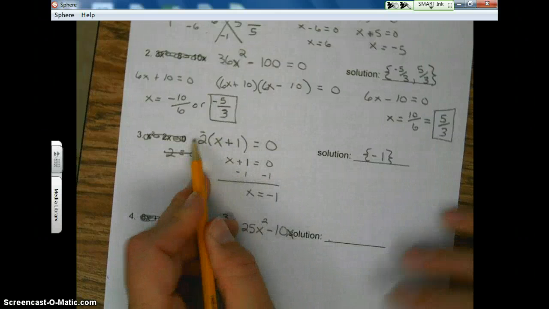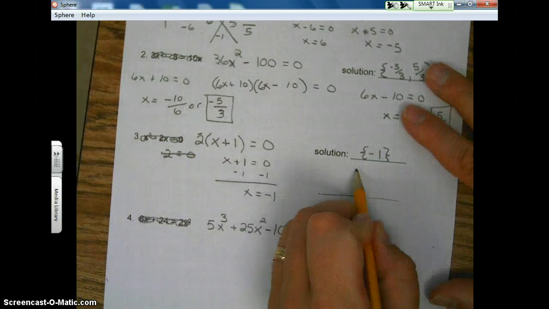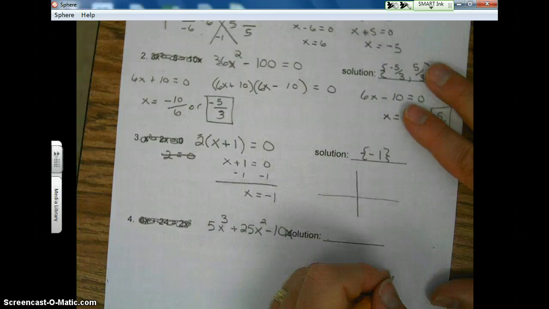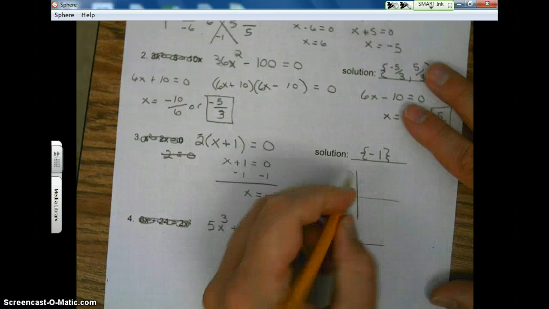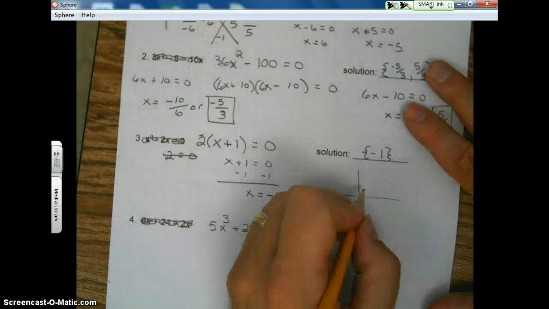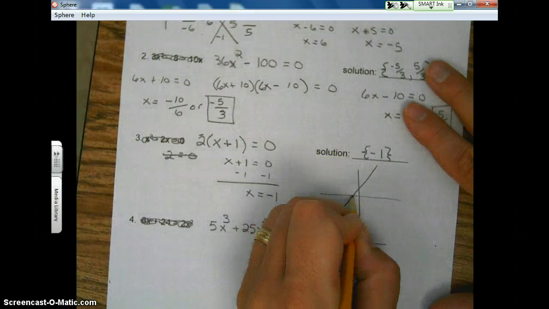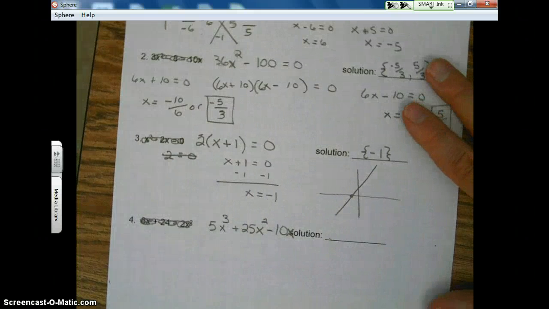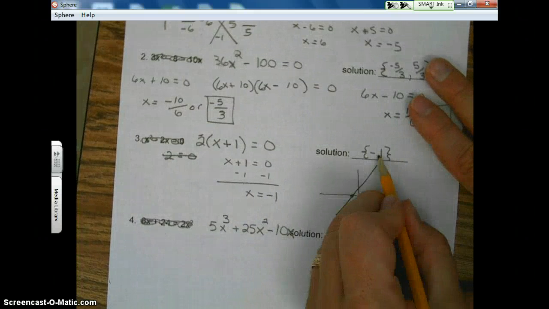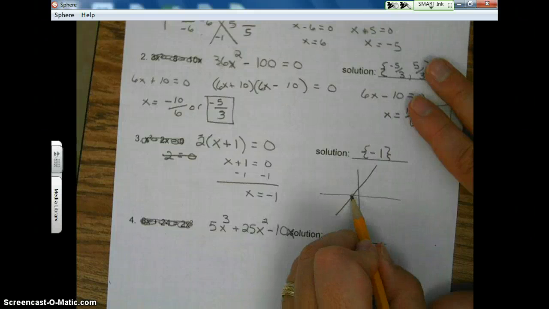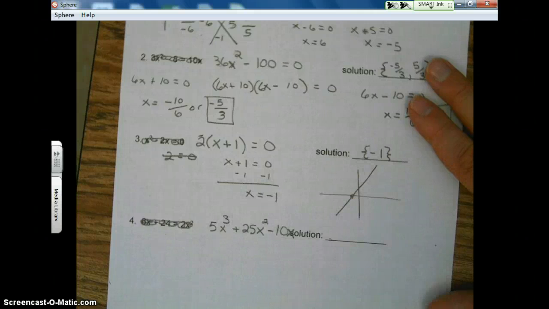Believe it or not, this is going to go through -1 on the x-axis because it's a solution, so it's a root. It's an x-intercept. Yes, even for linear.